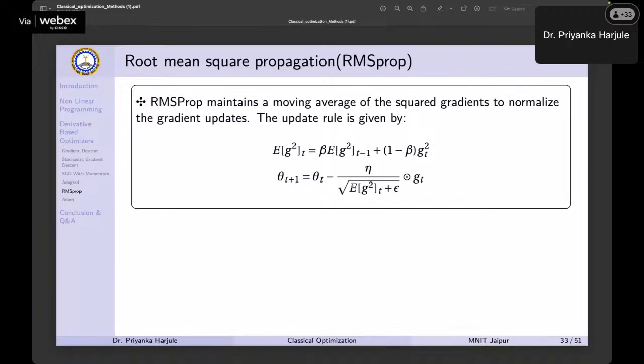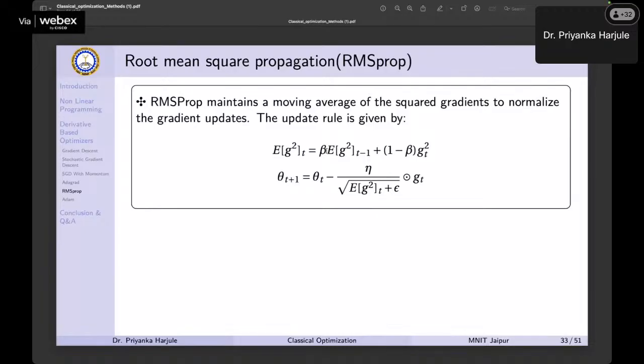In AdaGrad, we had only this capital Gt squared. In RMSprop, this is now given by this formula, where the squared gradients are taken as exponentially moving averages of the gradient. This is the key part of how RMSprop works to adjust the learning rate for each parameter individually.